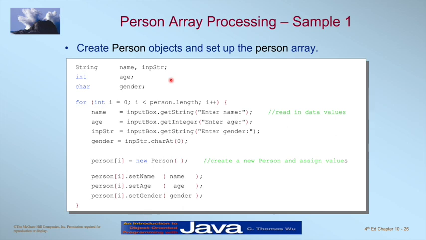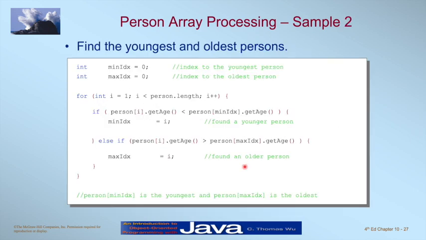Basically here it will read in all the data values, and then here it will create new person and assign the values. Okay, that is how it works. And then this is the example of how you can access the data in the array.